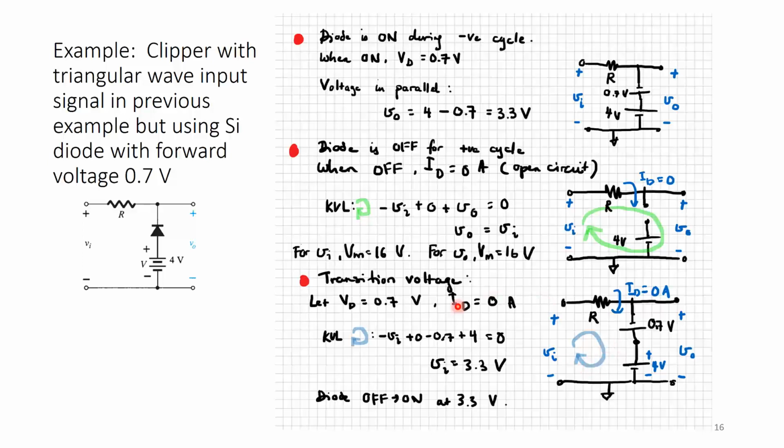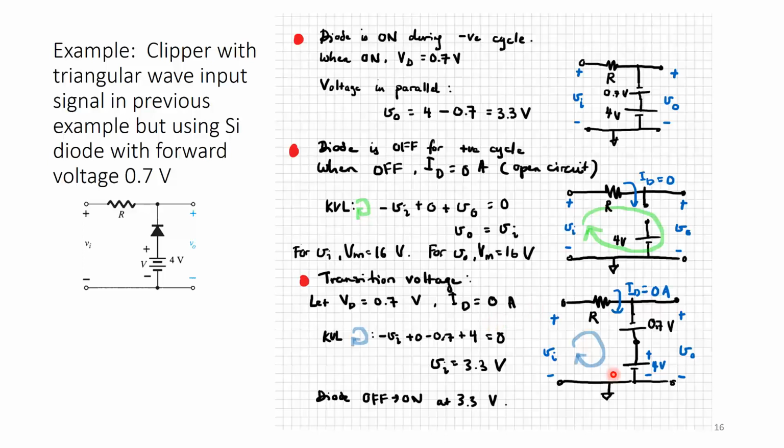So let VD equal 0.7. At that point of turning on, it's not 0 volts anymore because this forward voltage is now 0.7, and ID is equal to 0 amps, because this is what we are forcing. If you don't understand at this point, please go back a few slides to see what it means to get the transition voltage, because that's where the concept is.